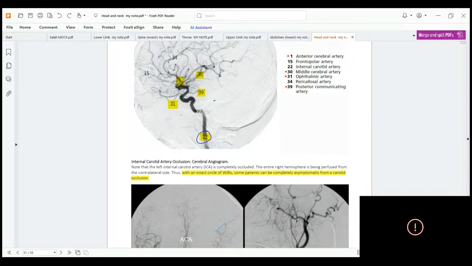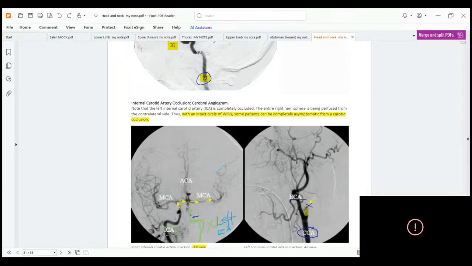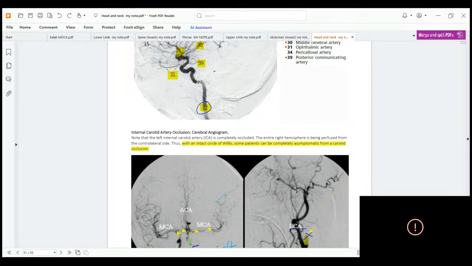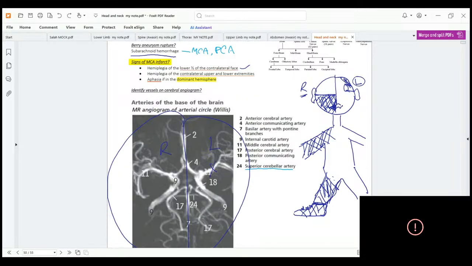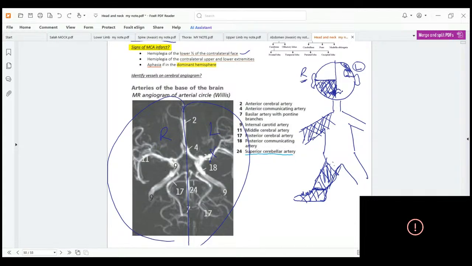Is it the direct branch? Not the direct branch. Here, if we see the circle, then it will be easy.